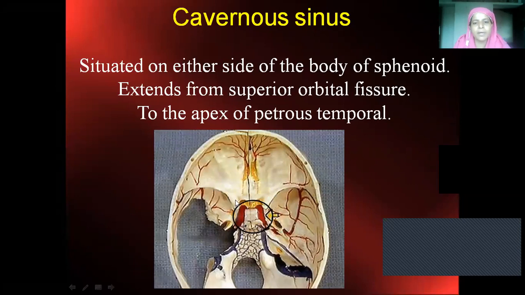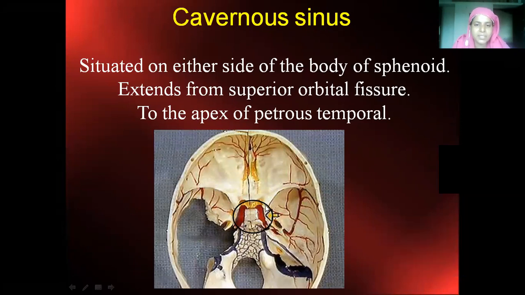It is extending from the superior orbital fissure. I told you previously also when I was discussing extraocular muscles, this point is the superior orbital fissure. We also saw what structures pass through the superior orbital fissure when we were doing orbit. So anterior to this cavernous sinus, we are finding the superior orbital fissure. And this point is the posterior point, where I am keeping my arrow now.